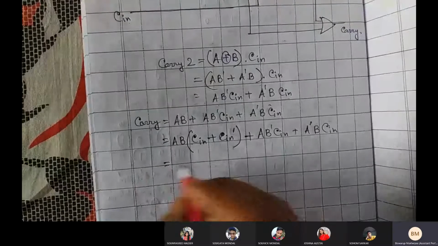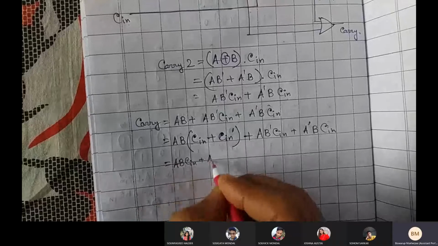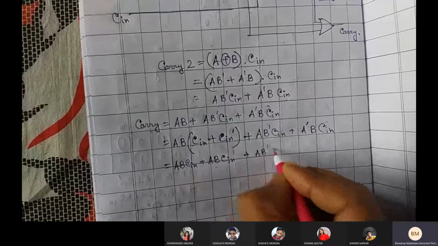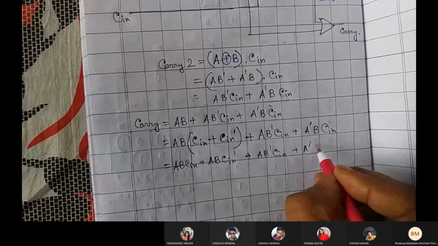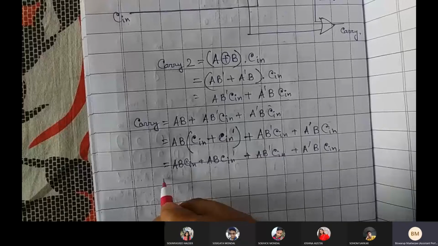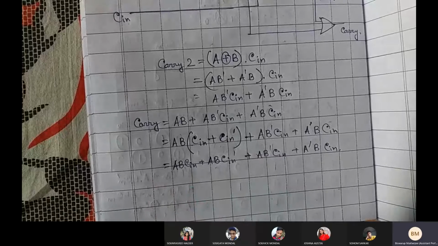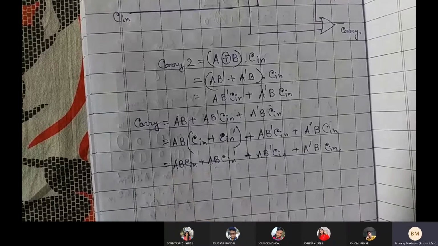Okay, so now let me break this thing. A B C in plus A B C in complement plus A B bar C in plus A bar B C in, right? Also, let me have this ABC.